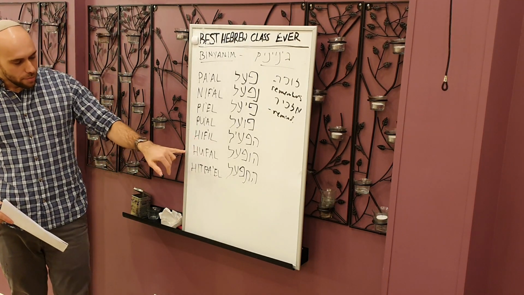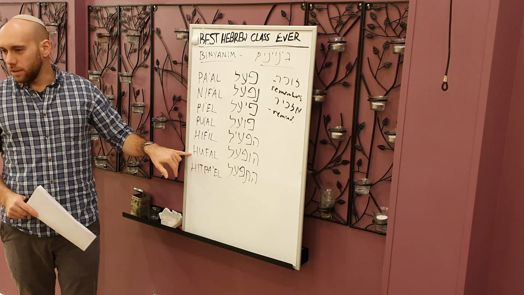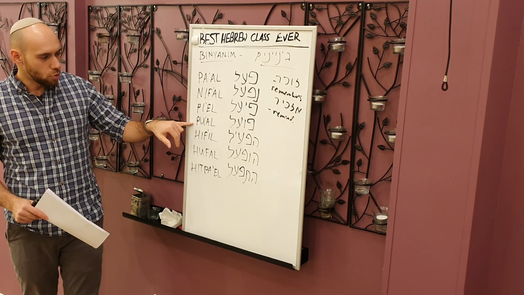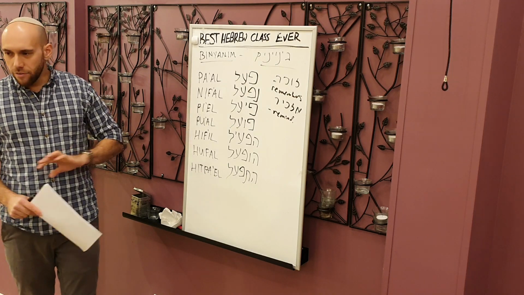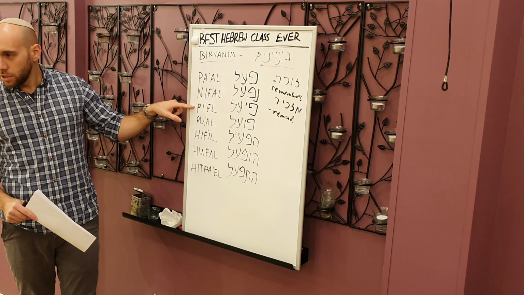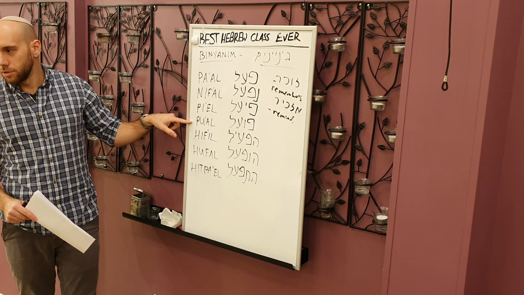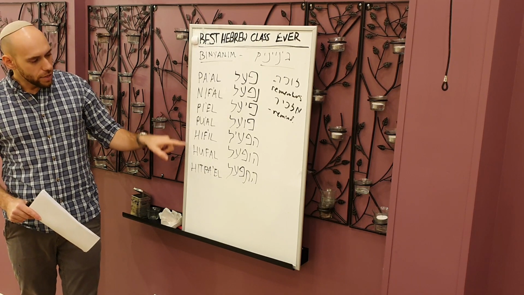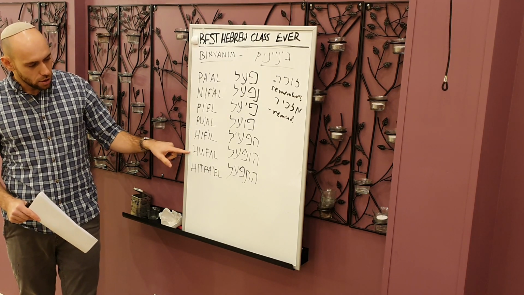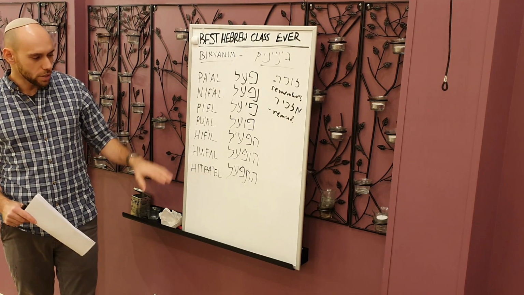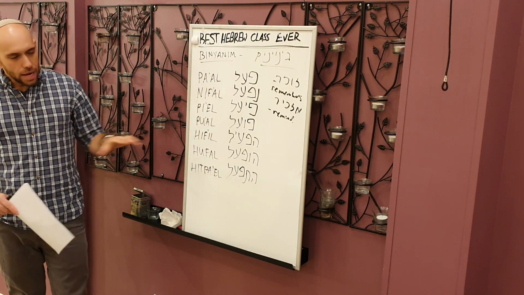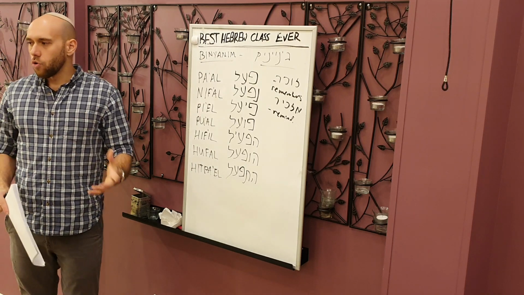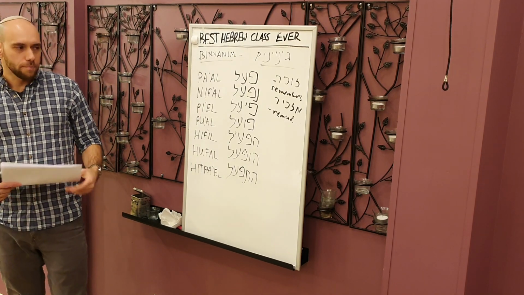The passive voice of hif'il is huf'al. This is just like pi'el, pu'al: hif'il, huf'al. These come in pairs. Every time you have a pi'el verb, you will have a pu'al verb that goes with it. Every time you have a hif'il verb, you get a huf'al verb that goes with it. That's always. And then you have hitpa'el. Hitpa'el is a binyan that means it's either reflexive or reciprocal, okay?